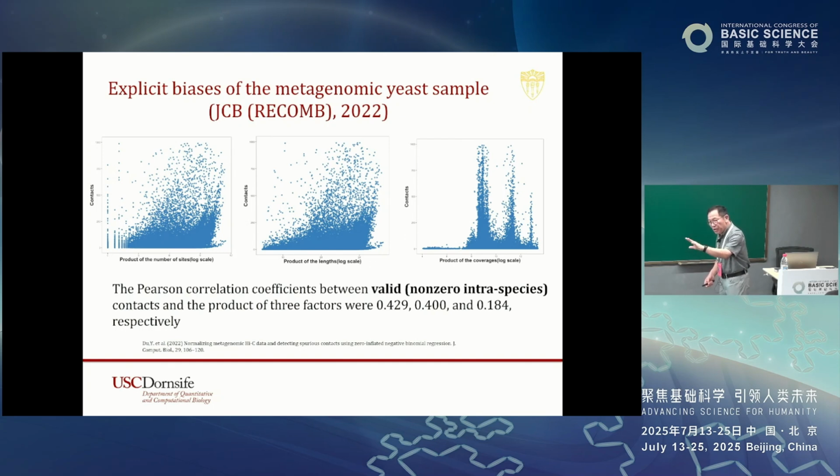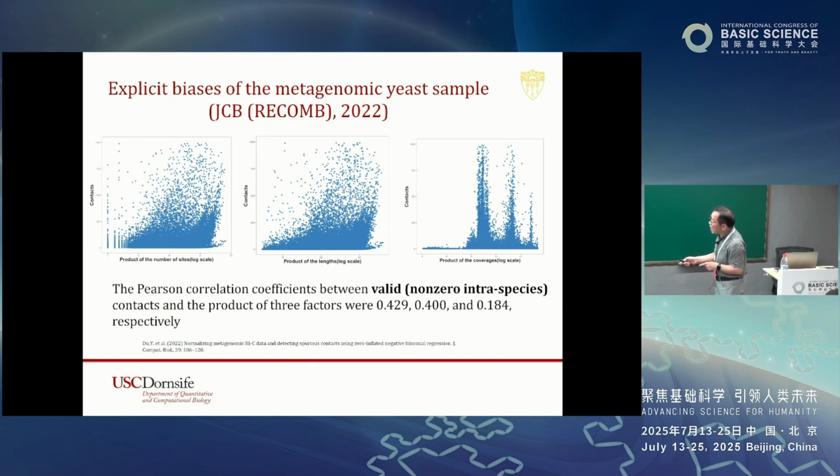We say, okay, this is from the real experiment, and we know what kind of cells we put in, and then we try to see whether there are some links between them. We go through this procedure, and then we just look at the relationship between the number of Hi-C links and several potential factors that impact the number of Hi-C links.